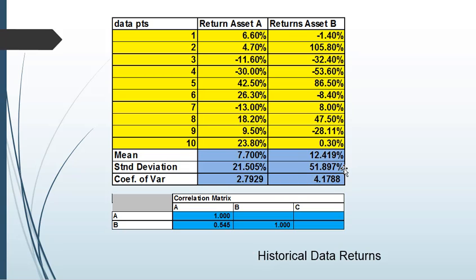But the question for an investment is, if you're trying to decide which one of these to buy, is this extra 4.7% in return enough to pay for the over doubling of risk? And that question might be, in the end, no.